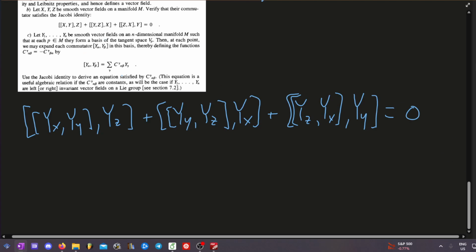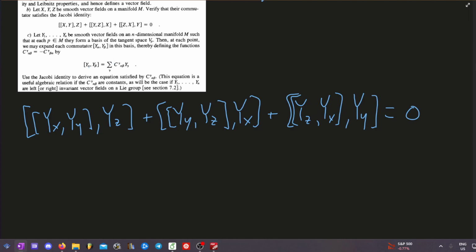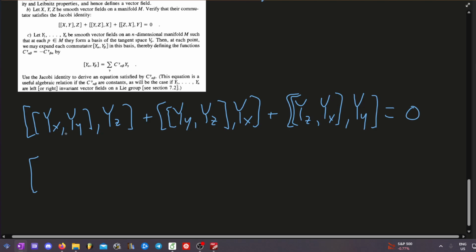And what we're going to use is this relation that they give us in the problem, where the commutator of the two y's gives us the C function times a new y. And there's an implied sum here. I'm going to use Einstein summation notation, so I'm not going to write the sum. That means we can replace this commutator of yx, yy, with C xy, gamma downstairs, y gamma, with the commutator of yz, plus, and then we do the same thing here.